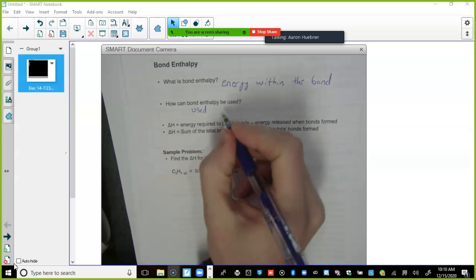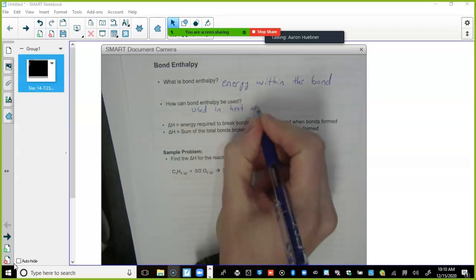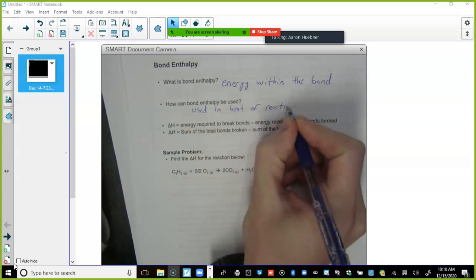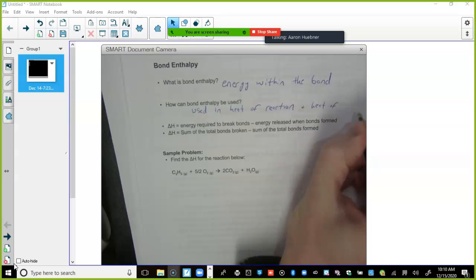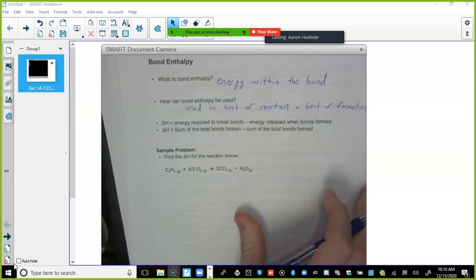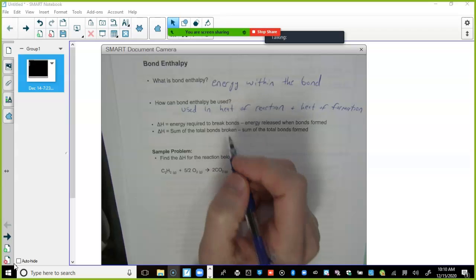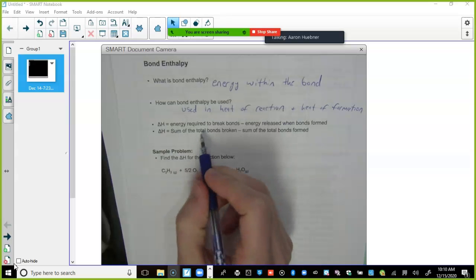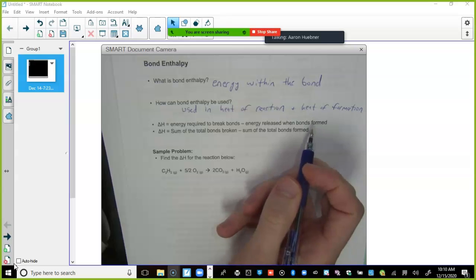And bond enthalpy can be used in heat of reaction equations and heat of formation, which we saw the bond enthalpy of fluorine in the last problem. All right, delta H equals energy required to break bonds minus energy released when bonds are formed.